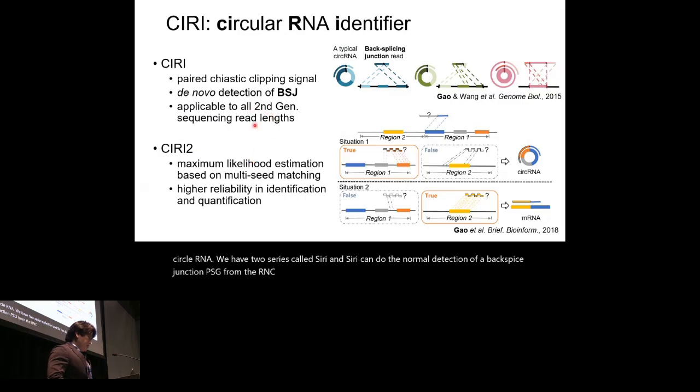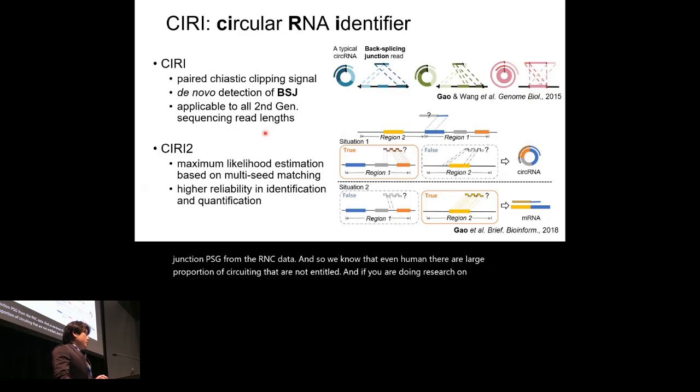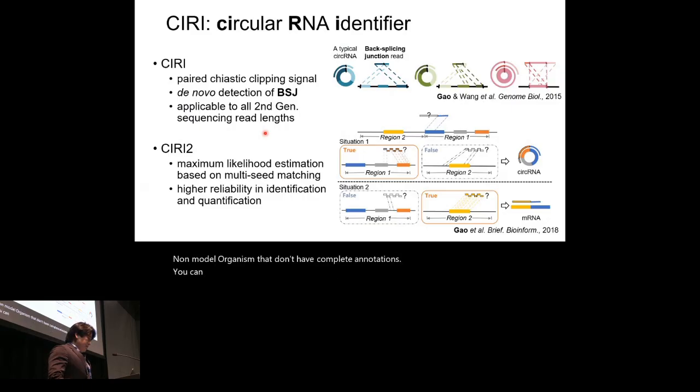We know that even in human, there is a large proportion of circular RNAs that are not annotated. And if you are doing research on non-model organisms that don't have complete annotations, you can choose CIRI. Previous benchmark studies have already demonstrated the robust performance of CIRI and its later version CIRI2 on both the identification and quantification of circular RNAs.